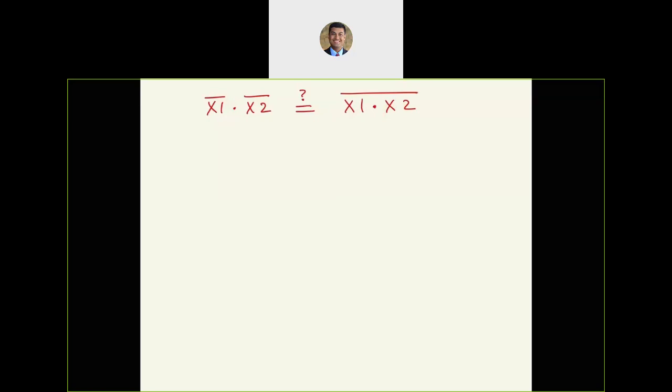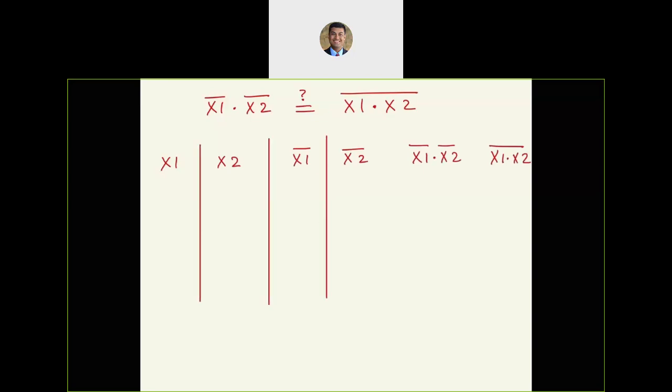And the way you can quickly check this, or things that are similar to this, is by quickly putting things in a truth table. So I have x1, x2, and I have x1 complement, x2 complement, the AND of x1 complement and x2 complement here. And let's say my last entry is NAND. So let's quickly go through this to verify. Note, all the entries need to be equal for it to be equal.